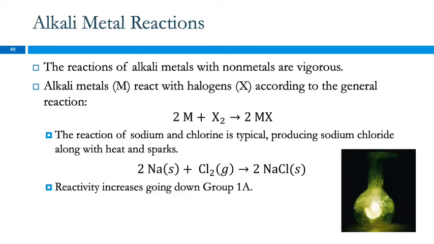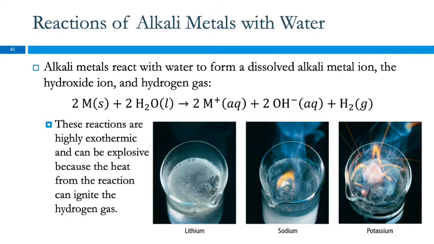There's a lot of heat and sparks, and it's a very vigorous reaction. The alkali metals get more reactive as you go down. The top ones are reactive, but reactivity increases as you get down to the bigger ones. Alkali metals also react with water.